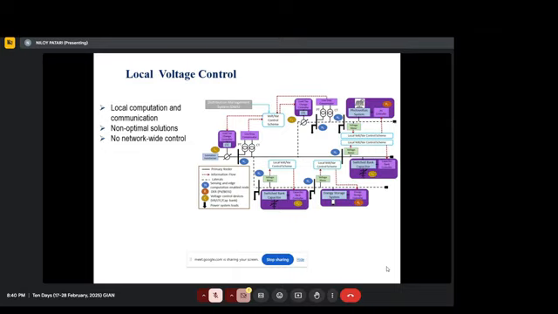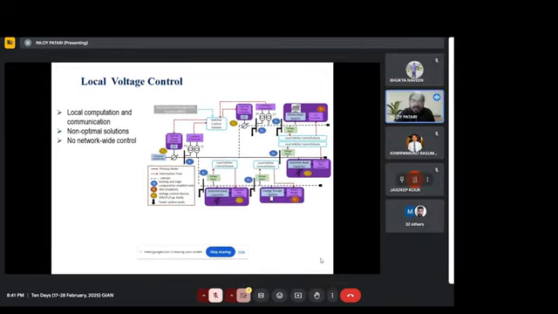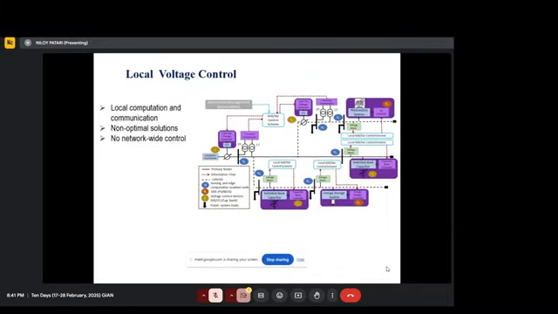The other one is local, as I told you, local computation and local communication, so it is done locally, right? If you have a capacitor and you say, if the voltage goes beyond 0.98, don't switch it on, and if it stays below 0.96, then switch it on. If you take this kind of rule based approach, then you don't know what the impact of the capacitor is throughout the feeder, or maybe on the next node.